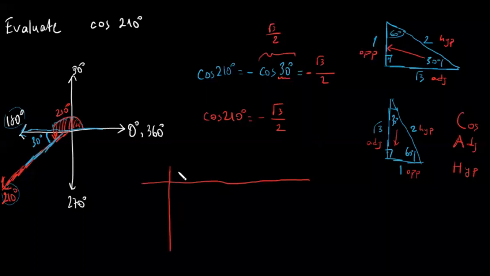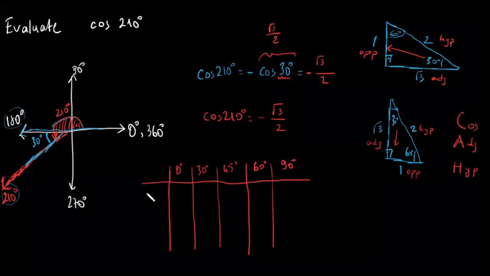With this table method, we can also find the values of cosine and sine at 0 degrees. So let's write 0, 30, 45, 60, and 90. And then let's write sine first, and cosine.